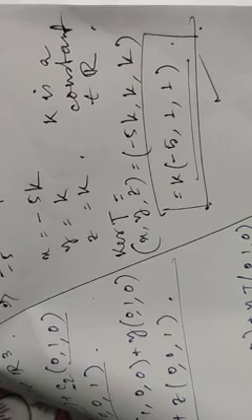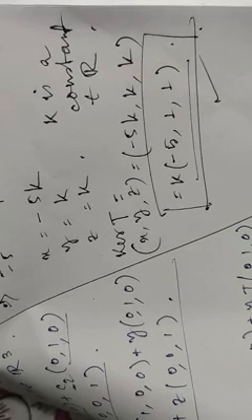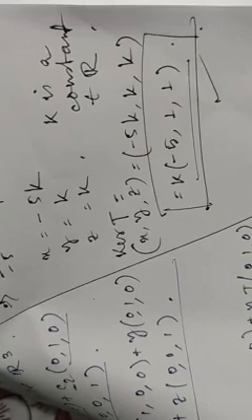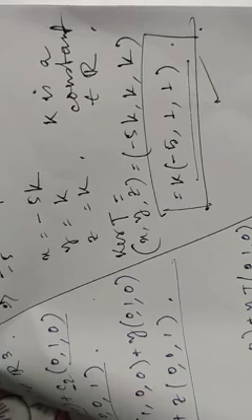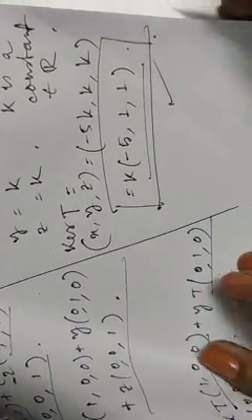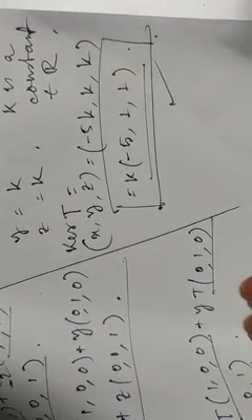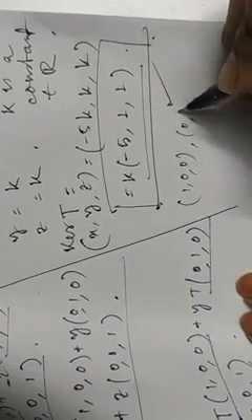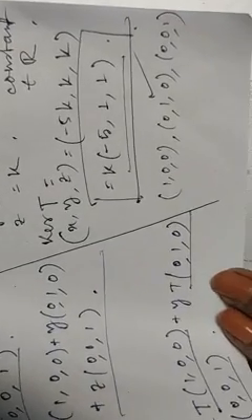We have to consider a basis for the domain set, then the images of those basis elements will generate our image T. So if we consider the given standard basis, and their images are also given, that means (1, 0, 0), (0, 1, 0) and (0, 0, 1) form a basis for our domain set.